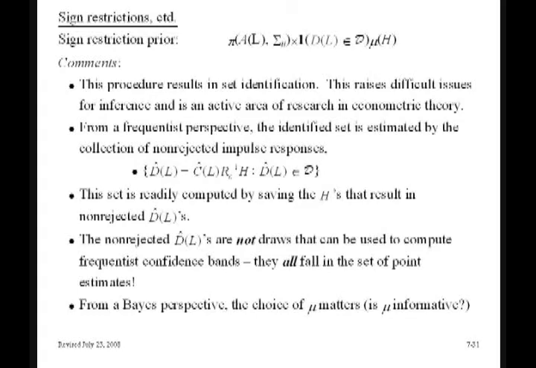There's one other point that I do want to make, which is that there's an additional level of integration here that involves integration over this random draw from the space of orthonormal matrices. So since you're drawing at random from the space of orthonormal matrices, that means implicitly that you've got some prior distribution on the space of orthonormal matrices.